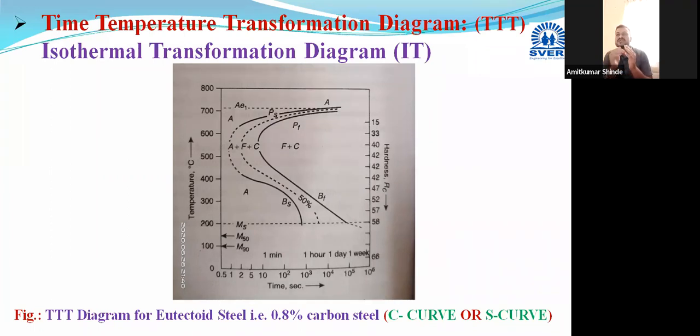From this TTT diagram, we will get information about which phases are there at a given temperature and time condition, and depending on this, we can decide the cooling rate.